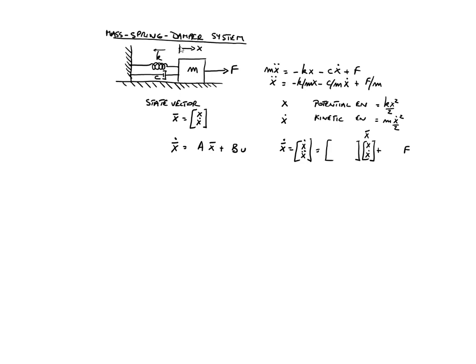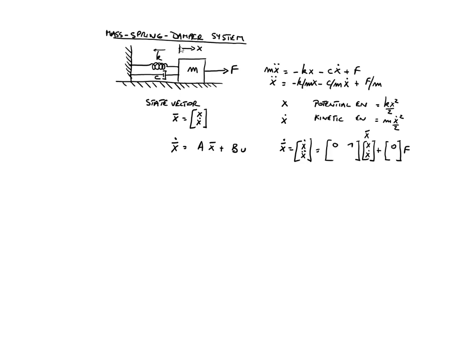There's only one input, so B will be a column vector. Here we have x and x dot, so we have a 0 over here and a 1 over here. So x dot is equal to x dot, and of course there is no influence of f.